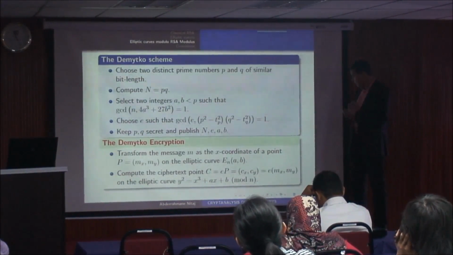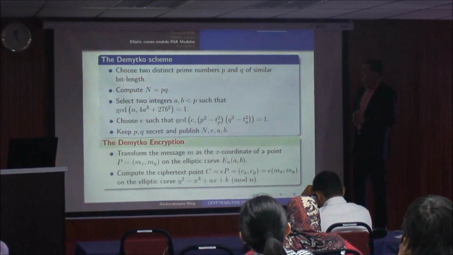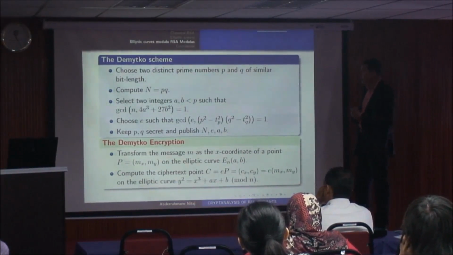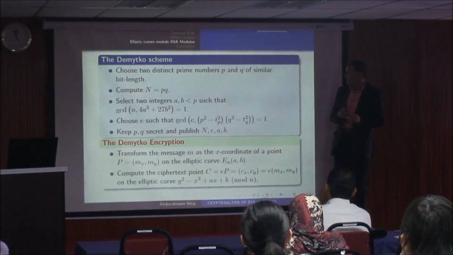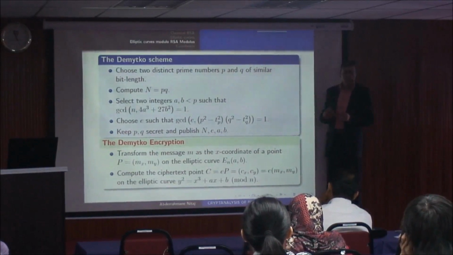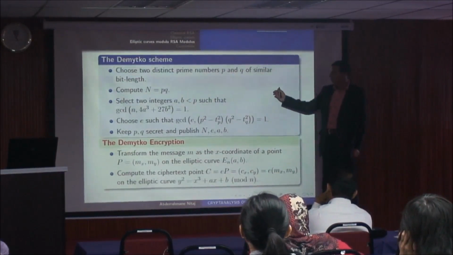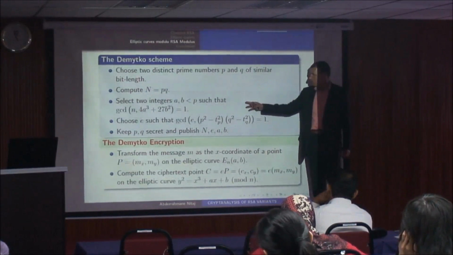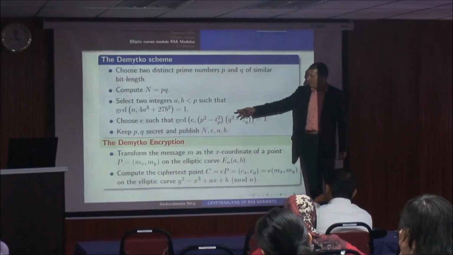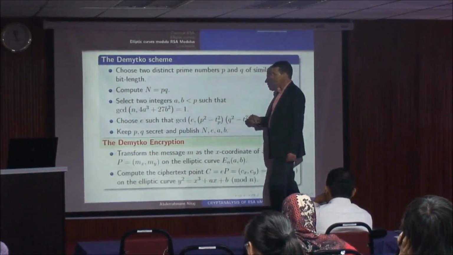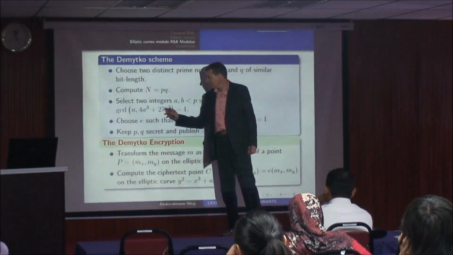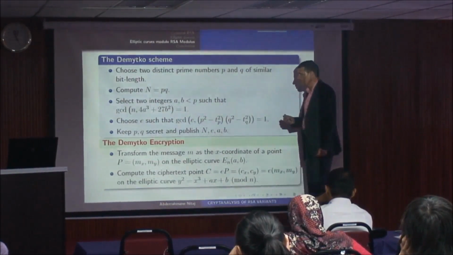For the encryption, it is something similar to the previous one. First, in order to find the parameters for the key generation, we choose two prime numbers, P and Q, of similar length. We compute n as P times Q and select two integers A and B such that the GCD of n and this sum is 1, and this will be the discriminant of an elliptic curve.